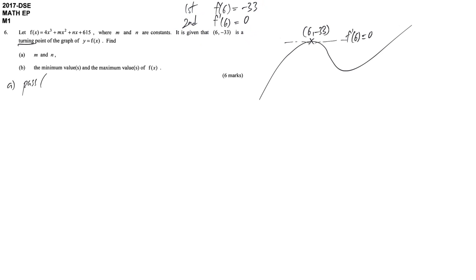Pass through (6, -33). So f(6) equals -33. Then -33 is equal to 4 times 6 cubed and so on.